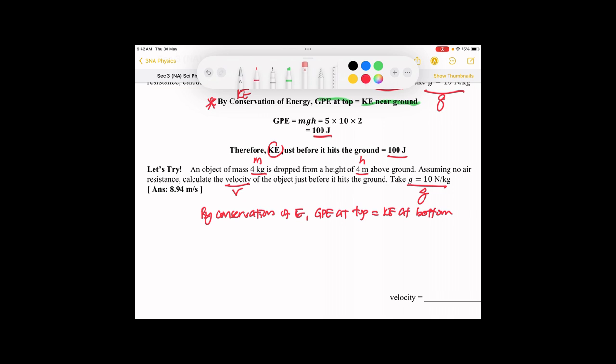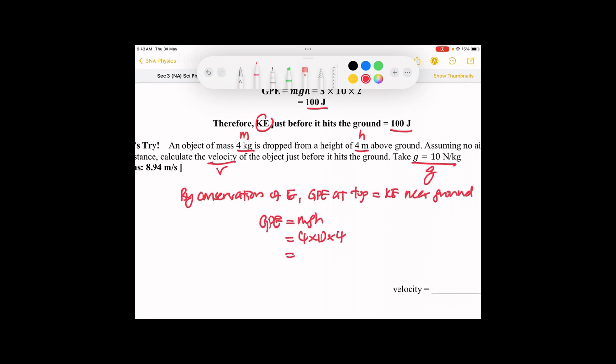Okay, so I shouldn't say at the bottom because it's very vague. So you should say near the ground, just before it hits the ground. Okay, so we calculate the GPE, mgh. m is 4, g is 10 and h happens to be 4 as well. This gives you 160 joules.